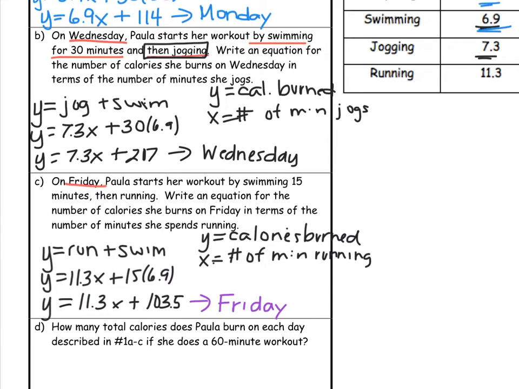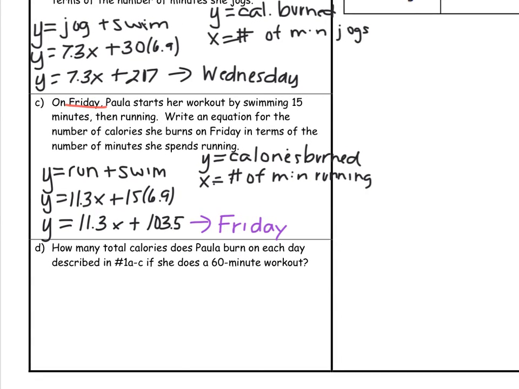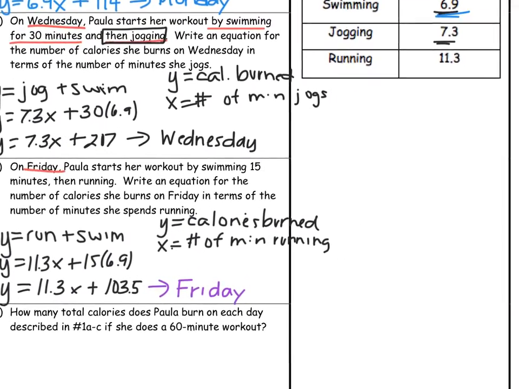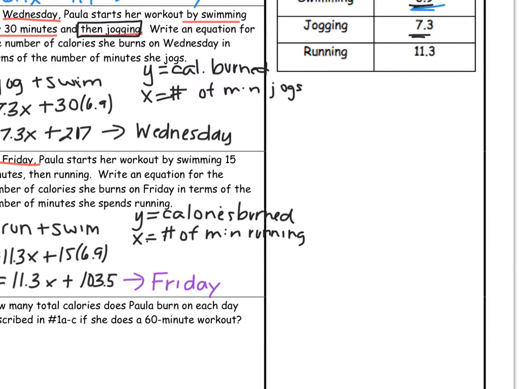So question D, on the bottom: how many total calories does Paula burn on each day described in A through C if she does a 60-minute workout? Let's take a look at Monday, and I'm going to do it over here because I have more room. On Monday, the equation was y equals 6.9x plus 114. And we know that on Monday, she biked for 30 minutes.